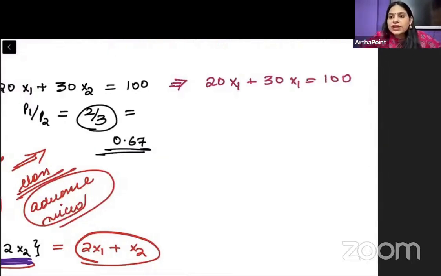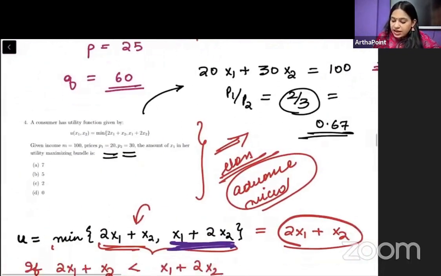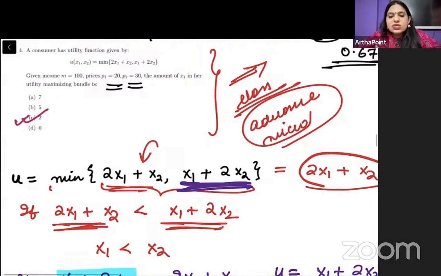Since x1 and x2 are equal, instead of x2, I have just plugged in x1. So I will get 50x1 is equal to 100. And this will mean that my x1 will be 100 by 50. It will be 2. So I will be consuming 2 units of good 1, right? And that would be the answer to this question.